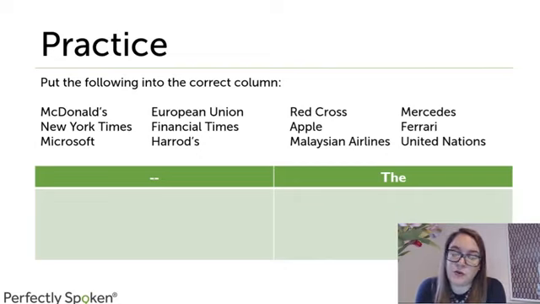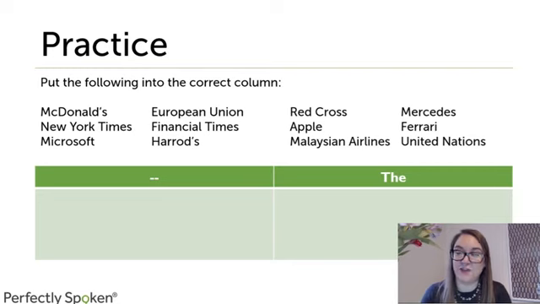Is it McDonald's or the McDonald's? European Union or the European Union? Good idea here. The first time you read through the names and see what sounds natural for you. Then go back to the previous slide and have a look at the rule we talked about and see if you were correct. So pause the slide and try to put them into the correct column.